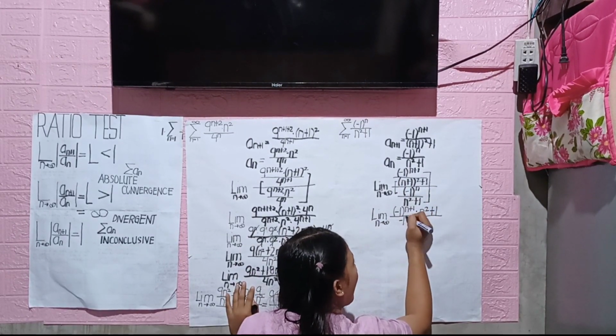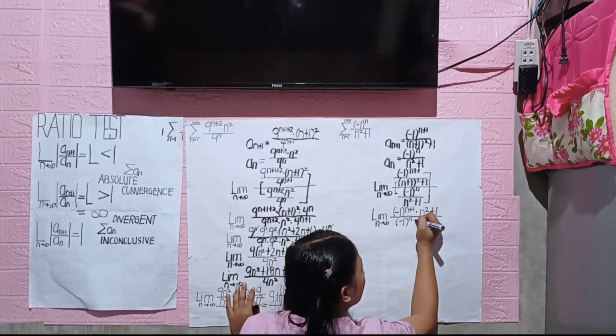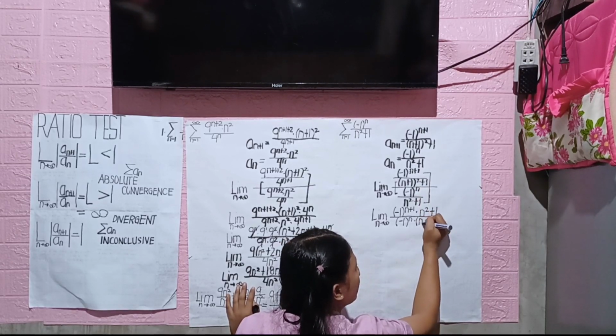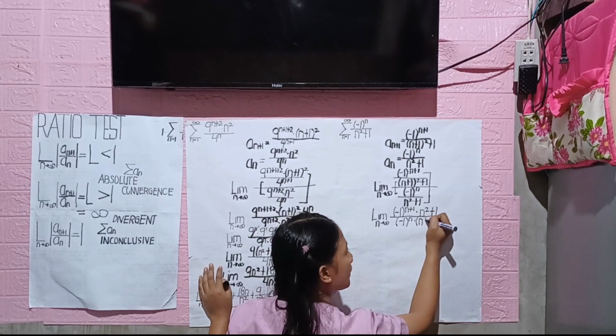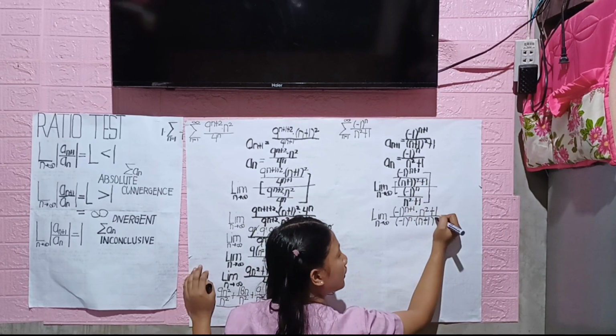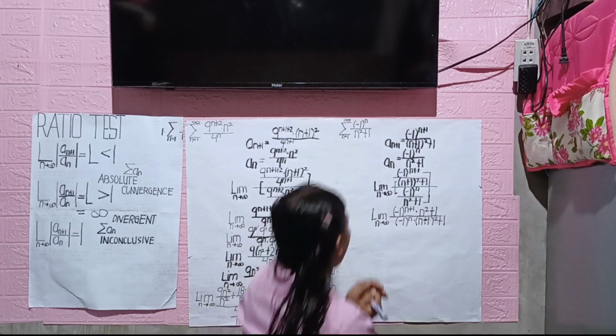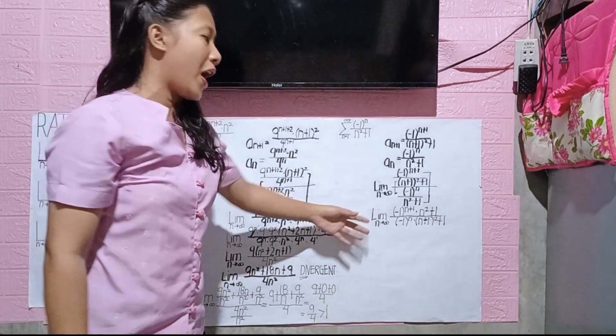So, negative 1 raised to n times n plus 1 squared plus 1. So, now, we are going to simplify it.